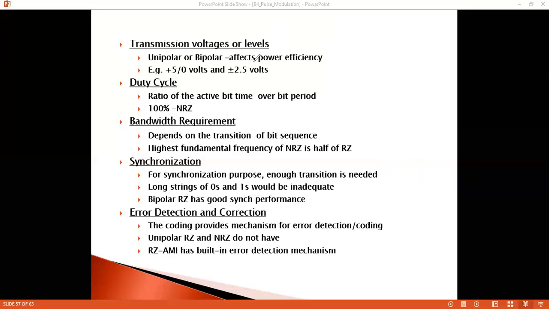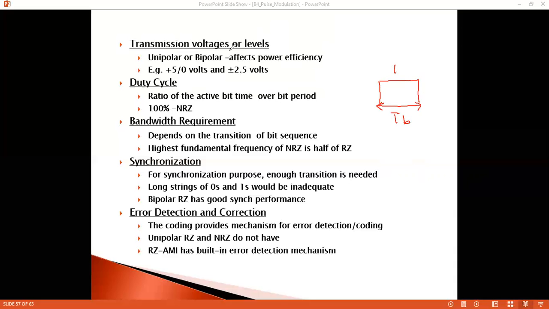For the duty cycle, what is duty cycle? If we have our bit 1, for example, and this is the whole bit duration TB. So duty cycle is the ratio between the active bit time over the bit period.